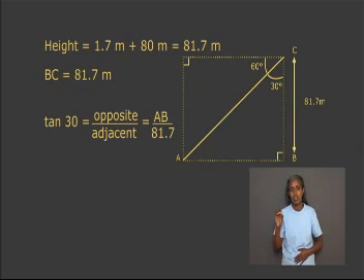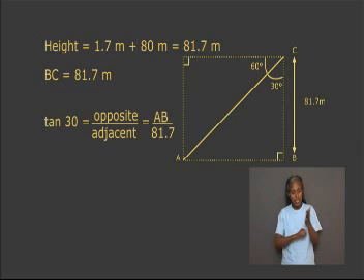Angle C measures 30 degrees. Since we are looking for the length of AB, which is opposite to angle C, and we know the length of the adjacent line, we will use the tangent function.